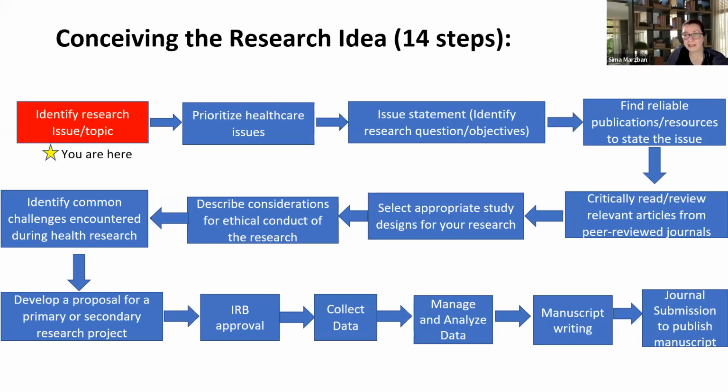The first step is where right now we are: the identification of the research issues and topics, then prioritizing the healthcare issues, then issue statement and defining the research questions, then finding reliable publications and resources to state the issue. It is important to find reliable ones.